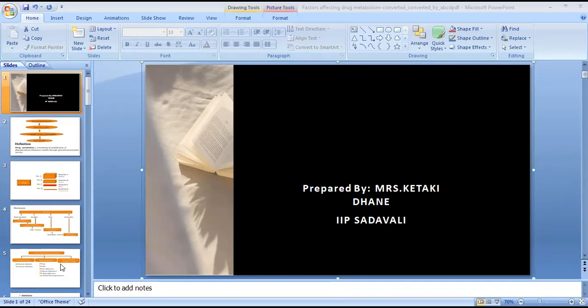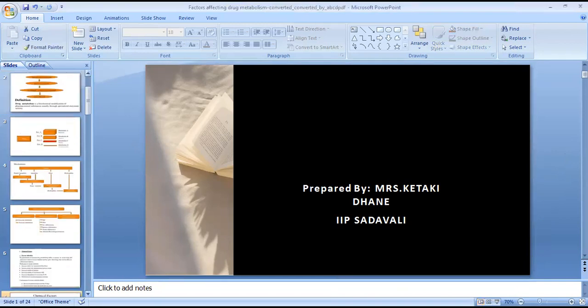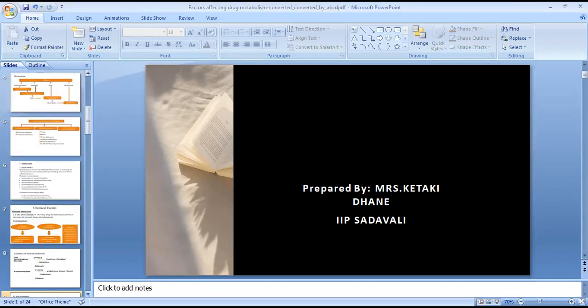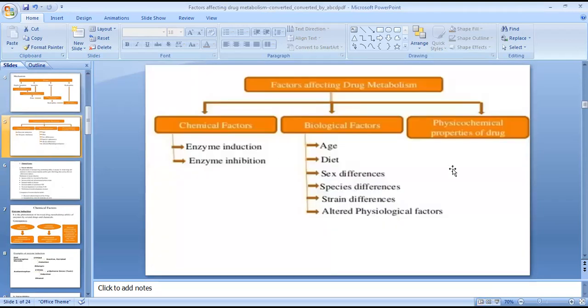Now, before we move towards the factors which are affecting drug metabolism, we will classify those factors into three main categories. What are those factors which will affect drug metabolism? What is drug metabolism? What are the phases of drug metabolism?